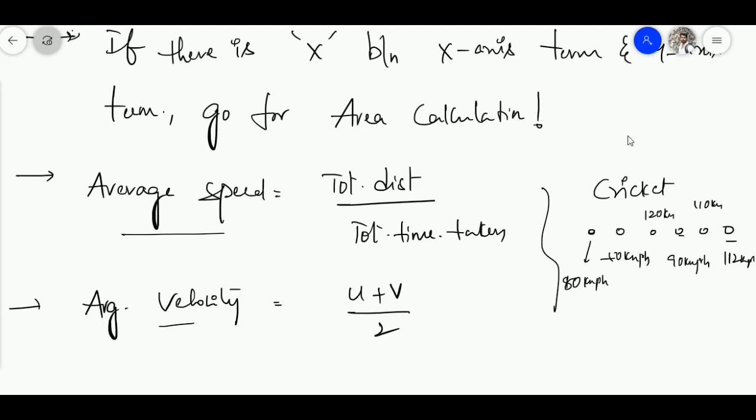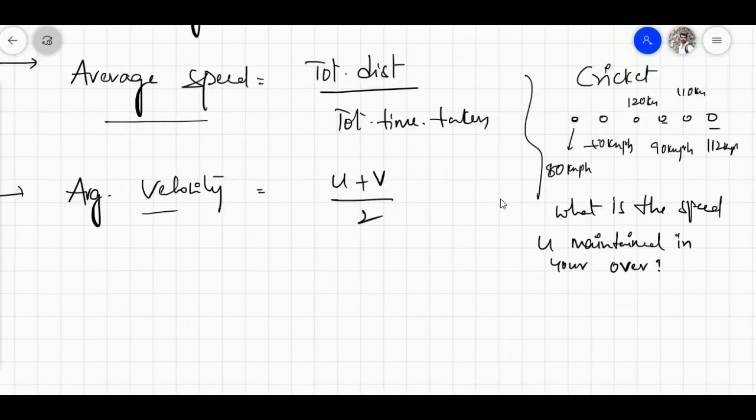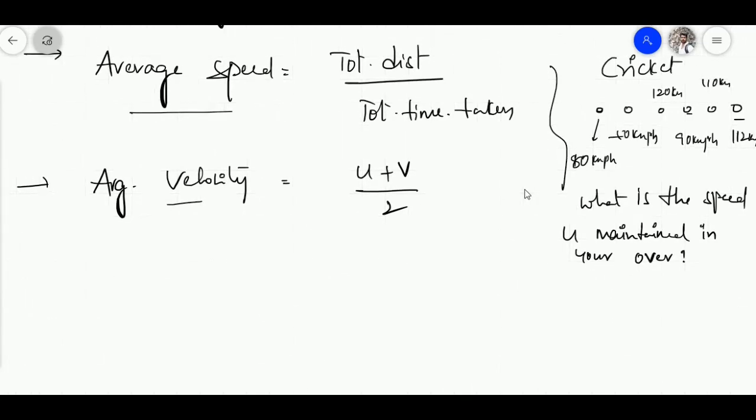Now, if the question is what is the speed you maintained in your over, then you have to take the average. 80 plus 50 plus 120 plus 110 plus 90 plus 112 divided by how many entries? 6.